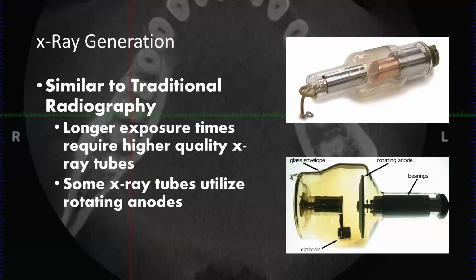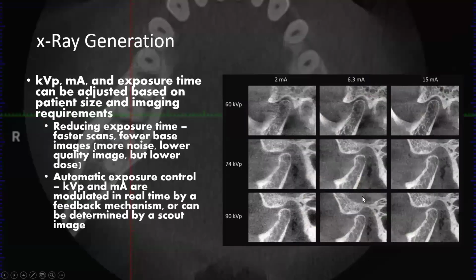It has a high melting point, but if you're using a relatively high mA or a long time, that's going to really heat up the target. And so having a rotating anode, what that does is it spreads that heat around that entire rotating anode while maintaining a small target size. So yeah, a lot more common in medical CT than it is in CBCT, but some CBCTs, I believe, do have those rotating anodes.